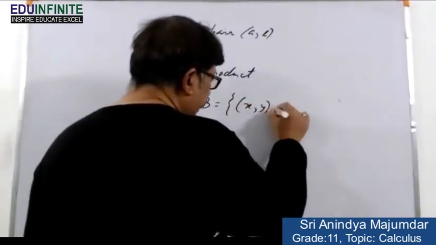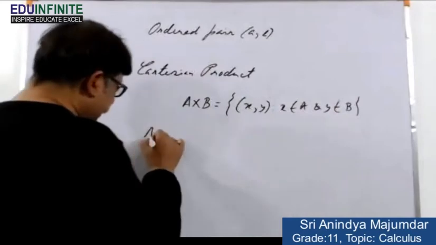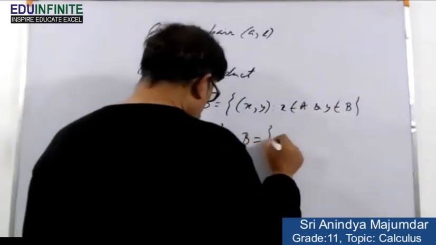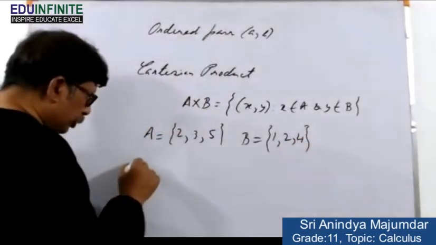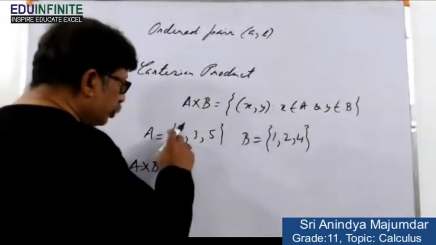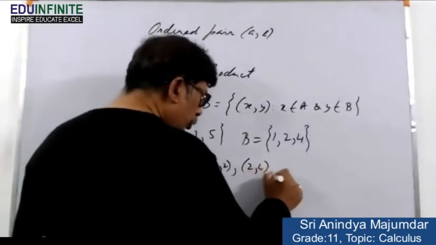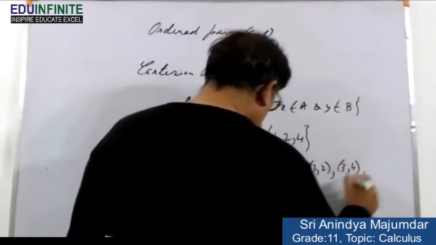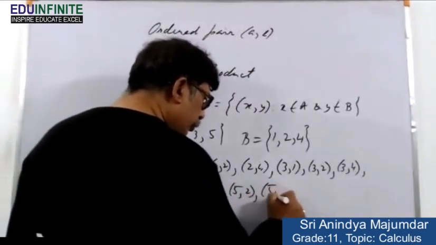The set of (X, Y) such that X belongs to A and Y belongs to B. If I consider set A to be {2, 3, 5}, and set B to be {1, 2, 4}, then A cross B, all possible ordered pairs with the first component coming from the first set, is (2,1), (2,2), (2,4), (3,1), (3,2), (3,4). Finally, (5,1), (5,2), (5,4).